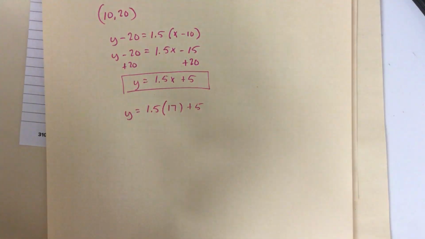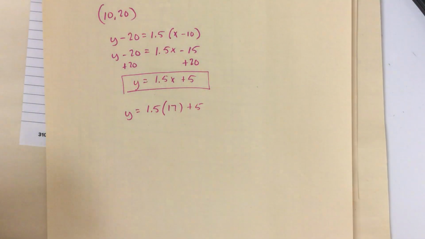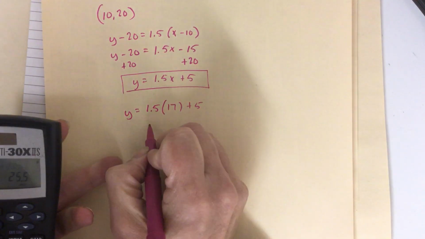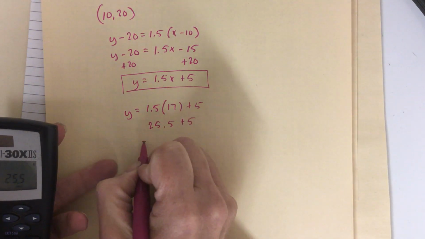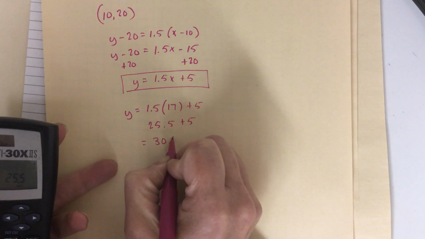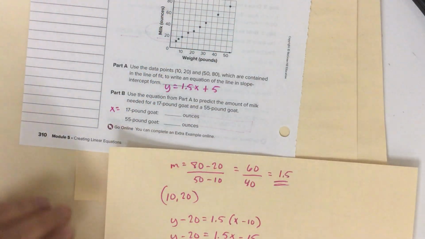Then you're going to take your calculator and do 1.5 times 17, which is 25.5. And then you're going to add 5 to that, so that's going to be 30.5. So that's how many ounces of milk you would need.